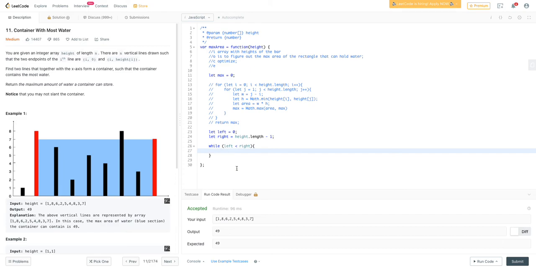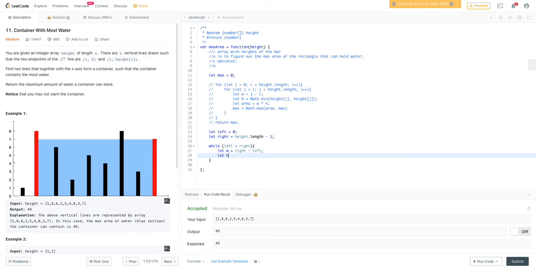Okay, so in this case, we would have to figure out what our width and what our height would be. So we can say let width equals right minus left, right? We're doing right minus left because we know that the right would always be bigger than left, at least according to our condition, right?